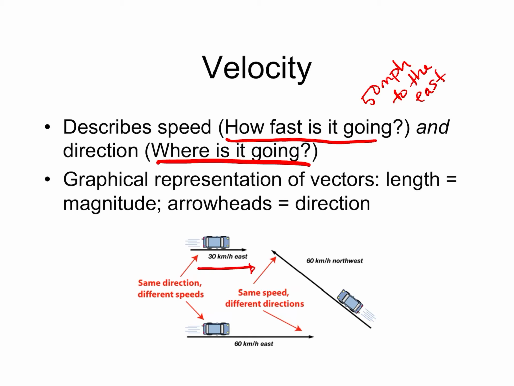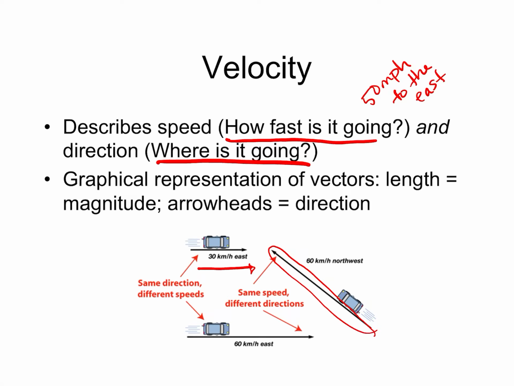And you can see on this one right here that it's going 60 kilometers per hour northwest. Well, notice the size of that arrow. Well, that arrow is twice as big. Well, it should be because it's twice as fast, right?